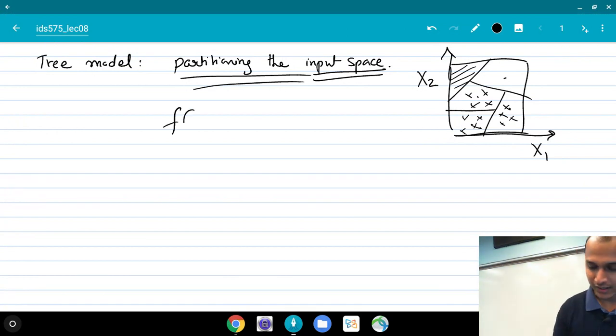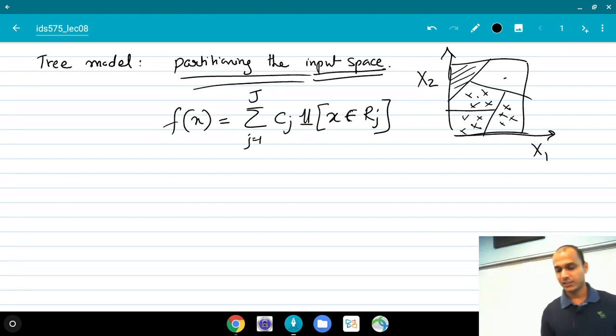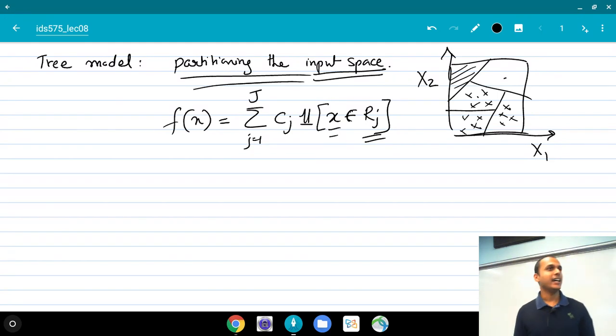So what is this class of models? Even before getting into the tree model, the class of models is just going to be a sum over the partitioning elements, j equal to 1 to J. This is just a way to say what I just said: if x belongs to some region Rj, I'm indexing regions, there are 5 regions, R1, R2, R3, R4, R5, and if the data point belongs to that region, just output cj as my prediction.